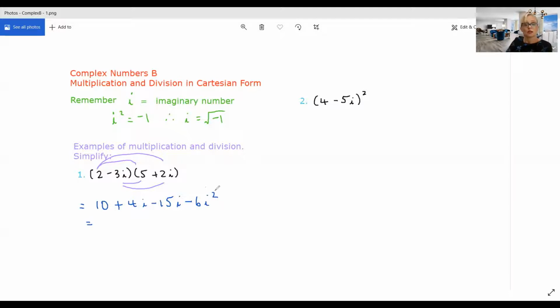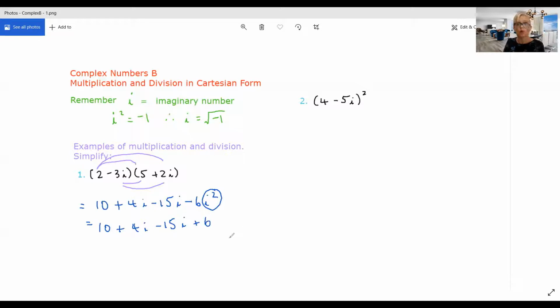Now, just bear in mind, i squared is -1. So -6 times i squared is +6. Let's actually put that in as an extra step at this stage because we're new to this. So that's the same as +6.